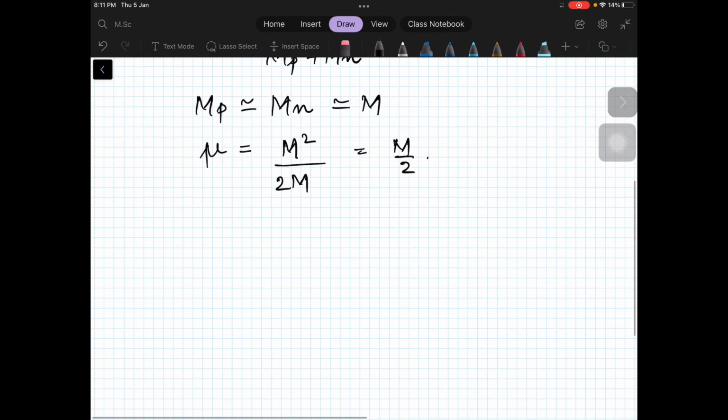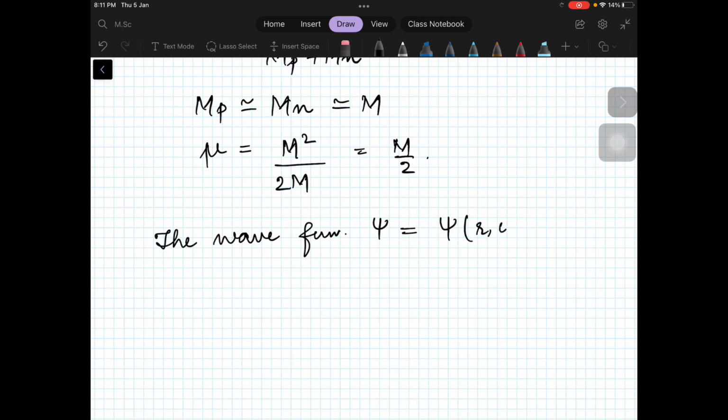Now the wave function psi is a function of r, theta and phi.